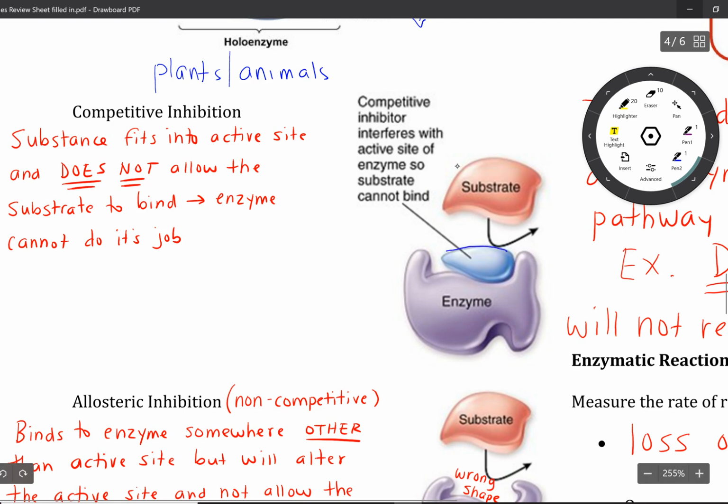And a competitive inhibitor is blocking the active site. So as the substrate tries to get in, it can't. What that may do is slow metabolism. And metabolism could be any chemical reaction that's going to be slowed. In this case, the enzyme can't do its job because it's being blocked.